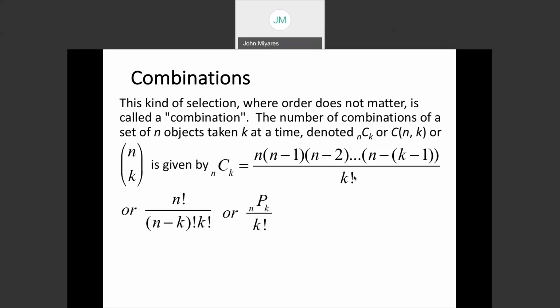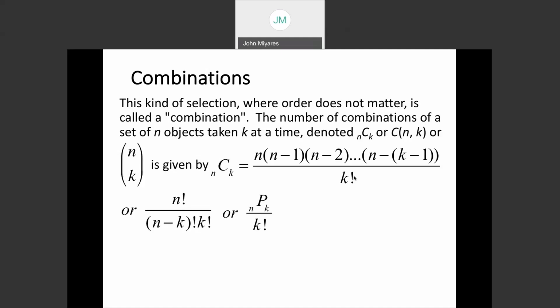It is given by n times n minus 1 times n minus 2 all the way down to n minus k plus 1, which is our permutations formula, divided by k factorial. This can be further simplified as n factorial divided by the quantity n minus k factorial, times k factorial, or more simply, the permutation formula nPk over k factorial.